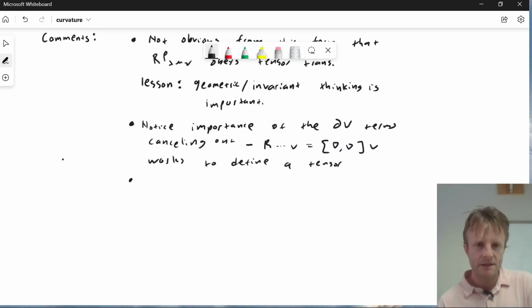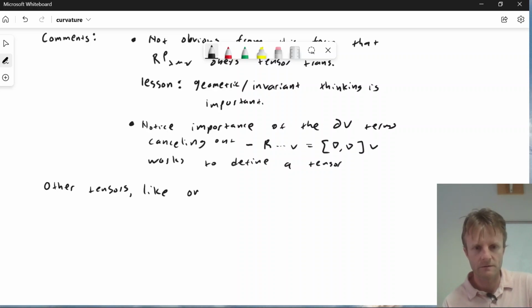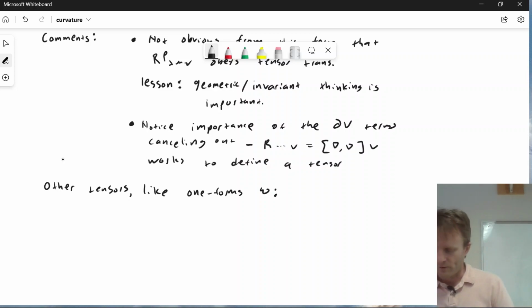And finally, well, this isn't really common, but this is part of the main development. We also need to know about other tensor fields, like one forms. So what about a one form omega?